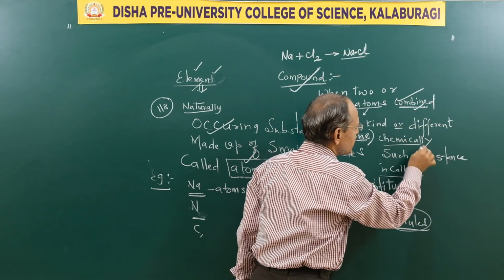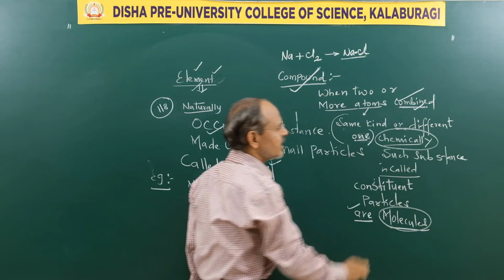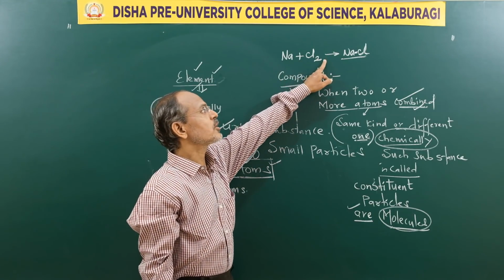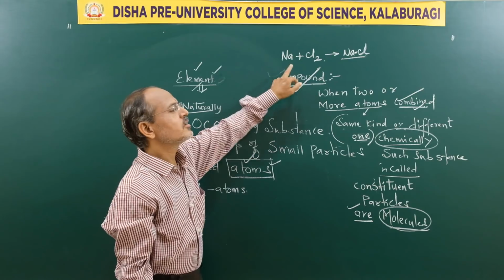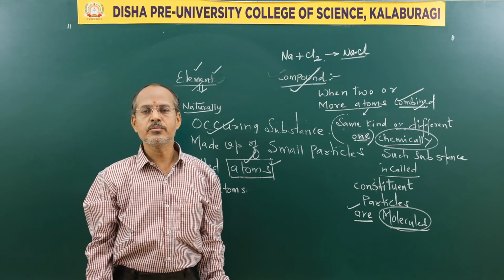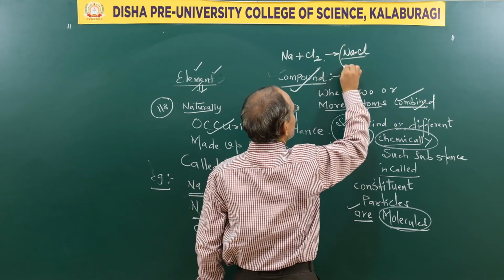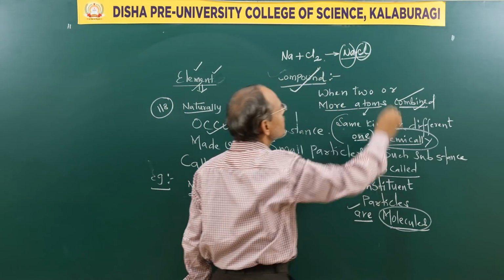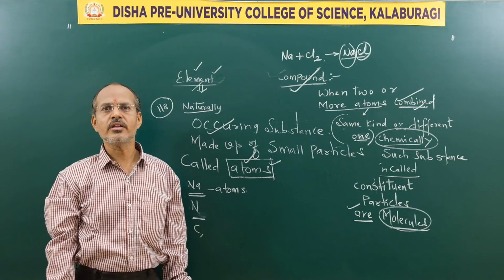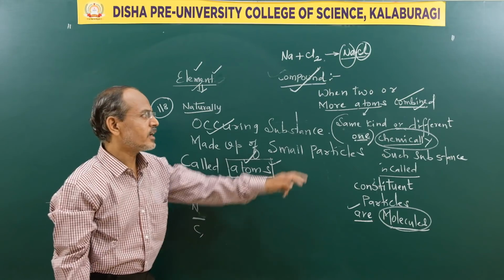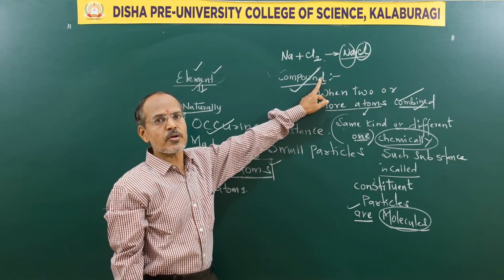They combined chemically. So sodium chloride is called a compound because it is made up of two atoms, one is sodium, another one is chlorine. That is what we call a compound.